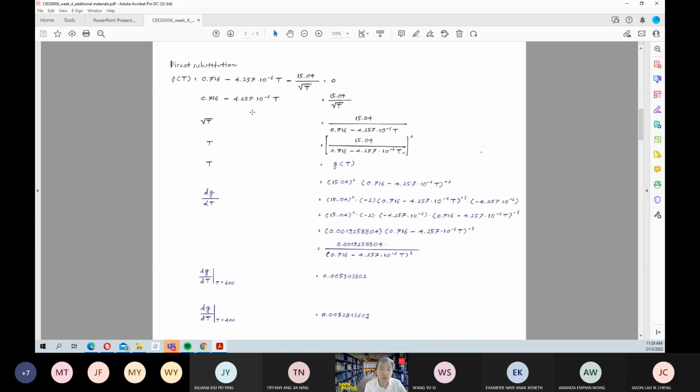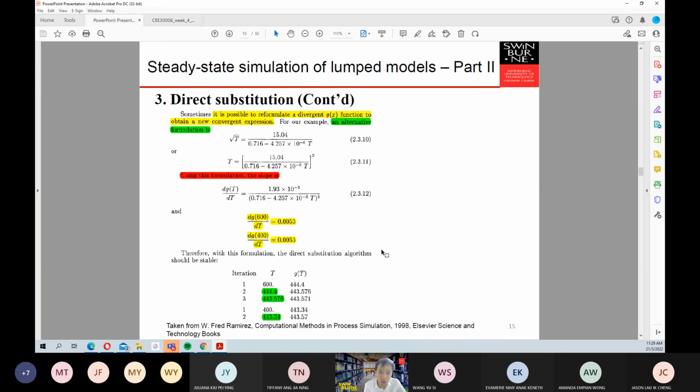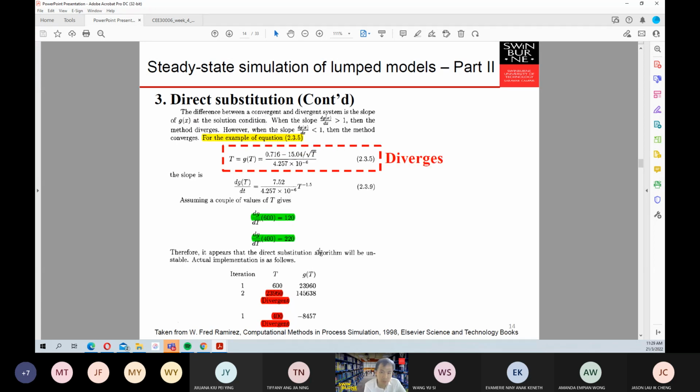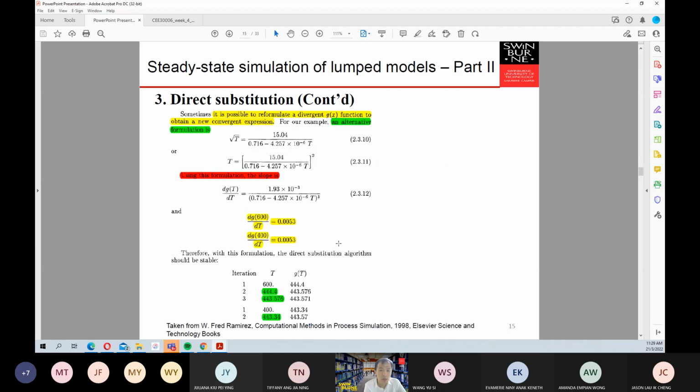So we know that using this particular form of direct substitution, we can converge in this one, whereas here we will not converge. I think this should be clear from this point.